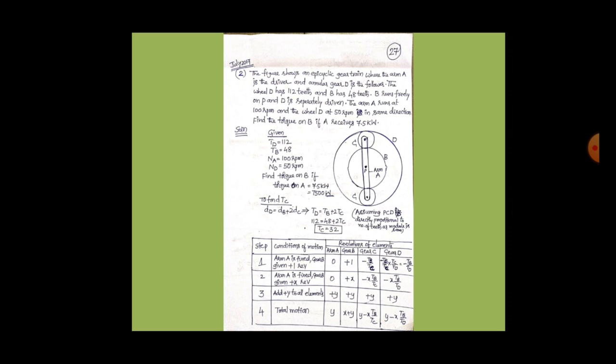Torque on B into omega B is equal to torque on A into omega A. Here torque on A is given, that I have substituted. Therefore torque on B, which I should calculate, is equal to 7500 into omega A by omega B, that is equal to 7500 into NA by NB, because omega A is 2 pi n and omega B is 2 pi n.